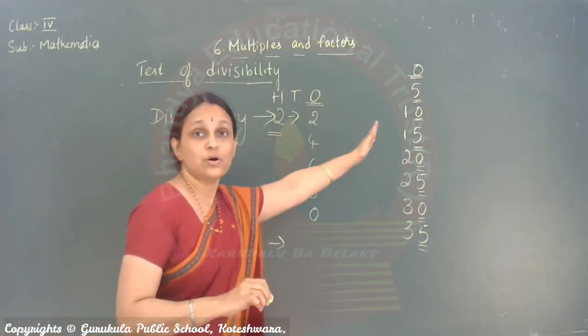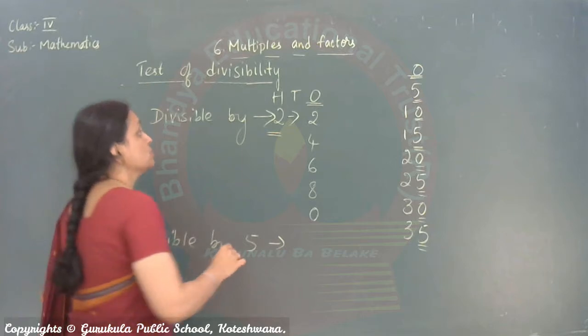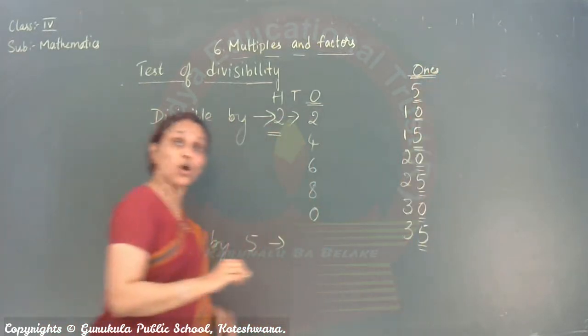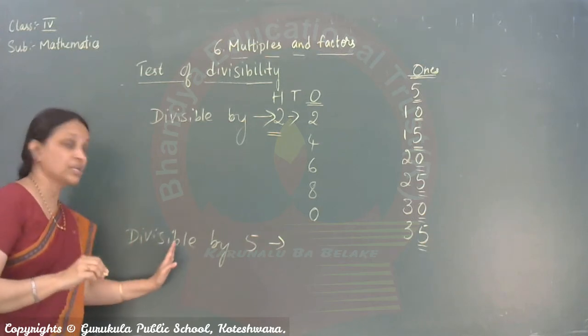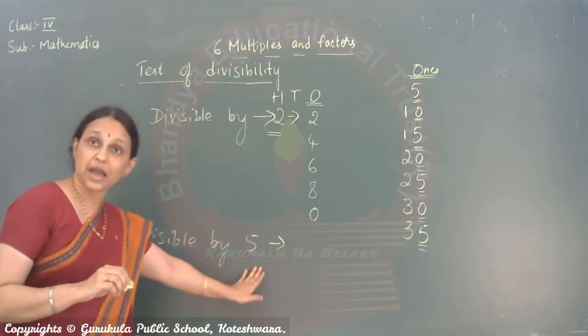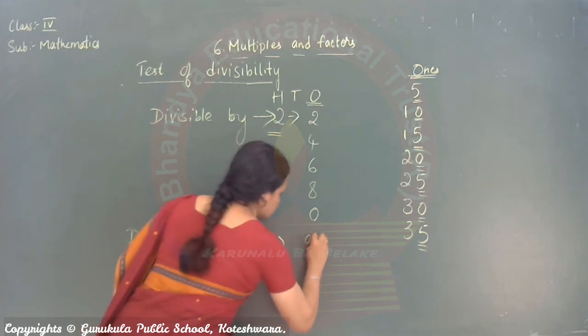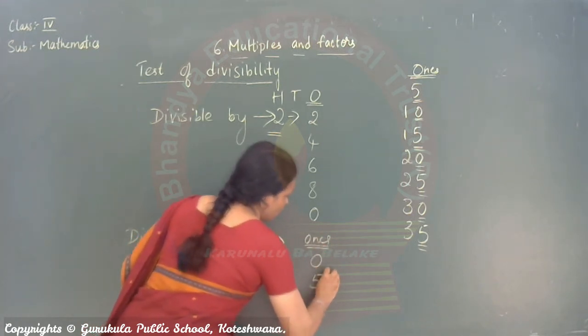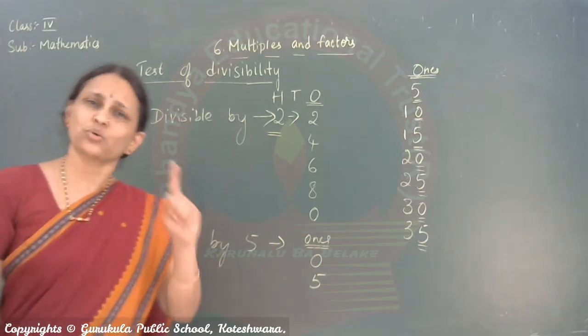So, this is the ones place, children. Always remember, if a number has to be divisible by 5, the ones place should be either 0 or 5.